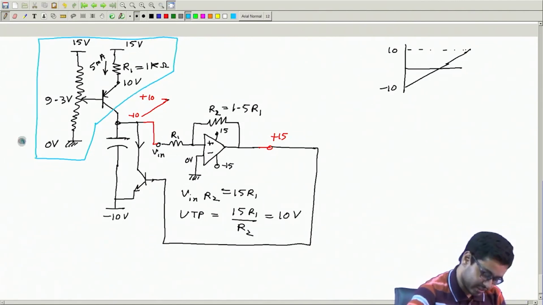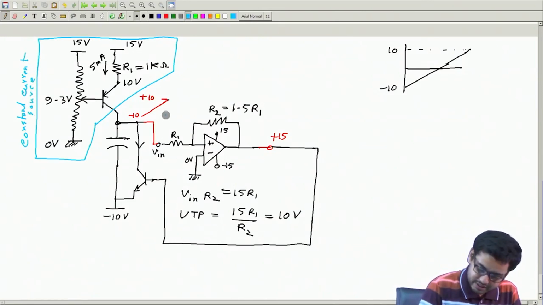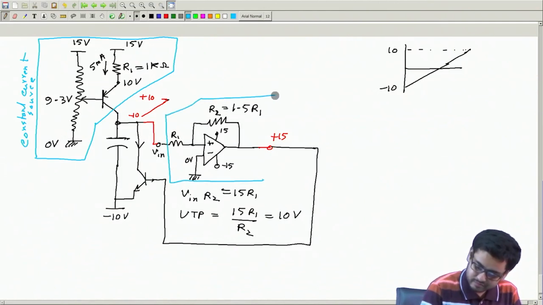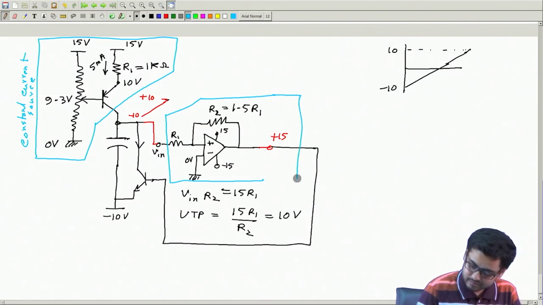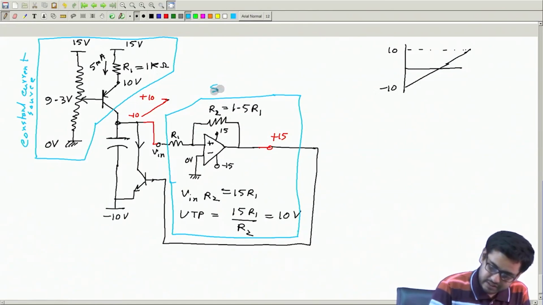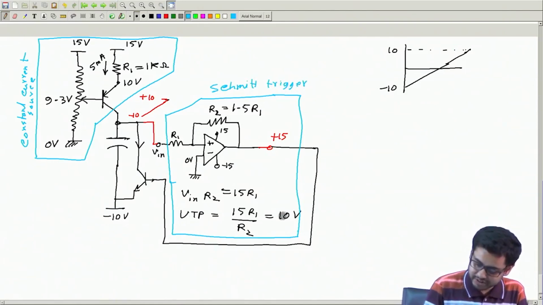This part is the constant current source in our block diagram. This is the Smith trigger, you know, and its upper trigger point is 10 volt.